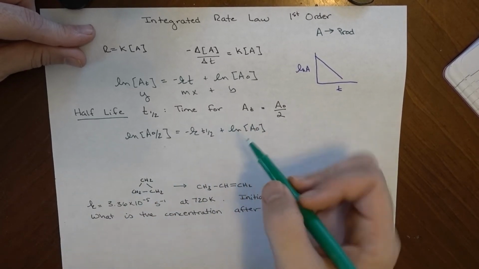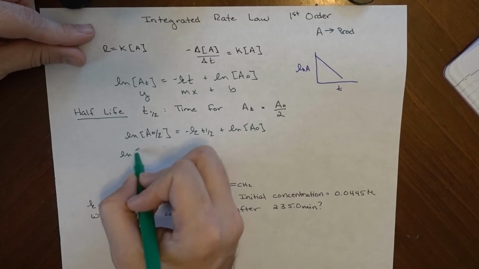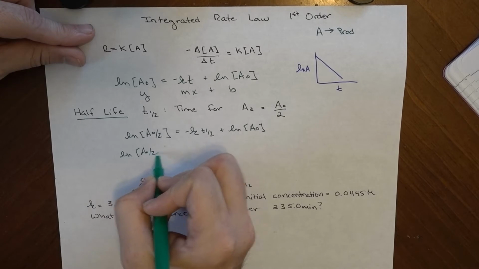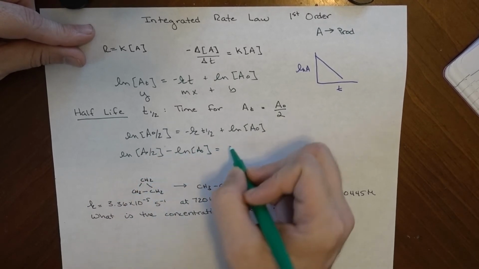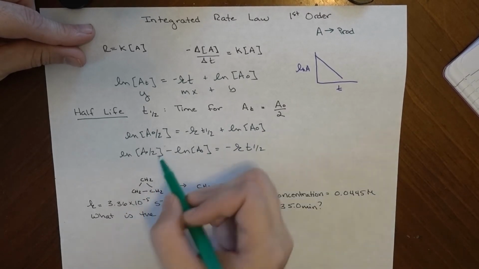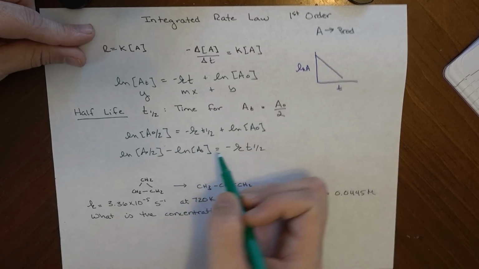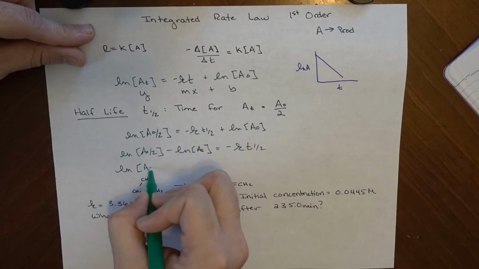All right, I can subtract natural log of A naught from both sides. So natural log of A naught over 2 minus natural log of A naught equals negative k t one half. I can expand this expression out using the rule of logs.